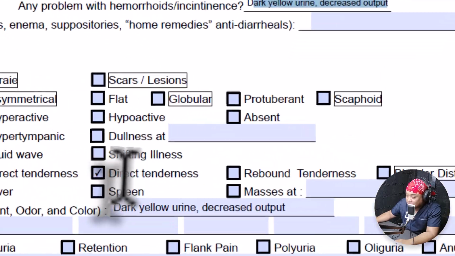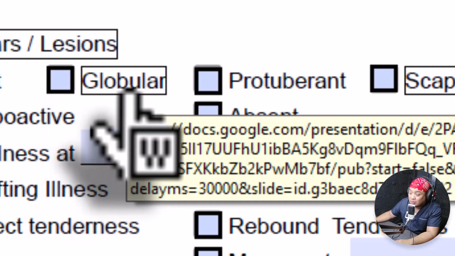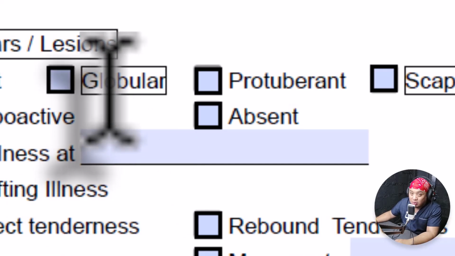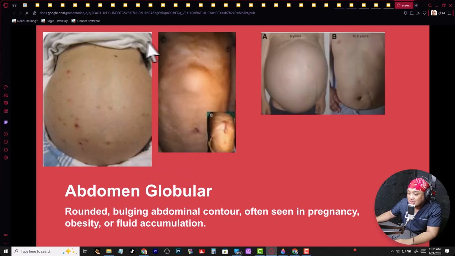Now let's move on to the next. We also have globular. From the word globo, like a globe. So this is an example for globular.